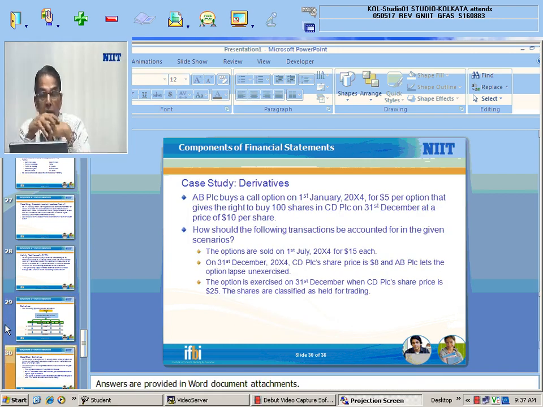ABPLC buys a call option on 1st of January 20X4. When you buy a call option, you have to pay a premium. That's why the initial measurement of a call option contract may not be zero, because the premium has to be paid.